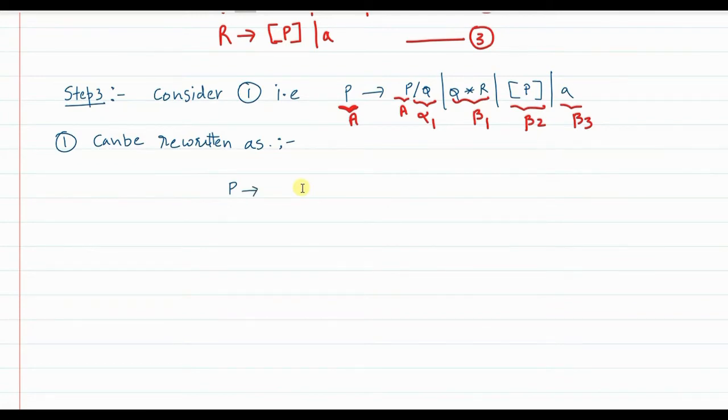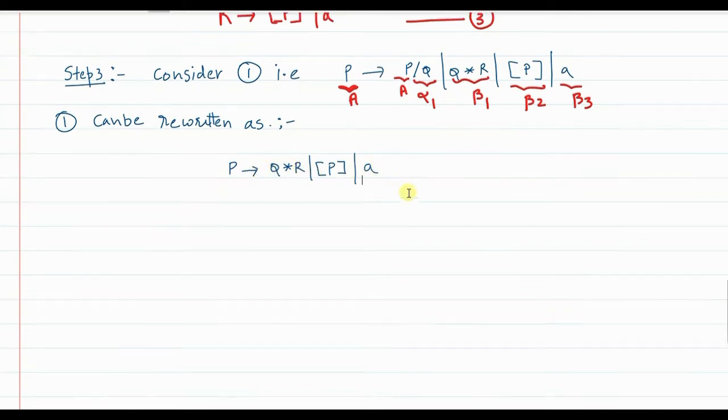Now there are 3 beta terms, correct? First beta term is Q into R, the second beta term is the one in square bracket P, and third beta term is A. So what I have done, P gives beta 1, beta 2, beta 3.